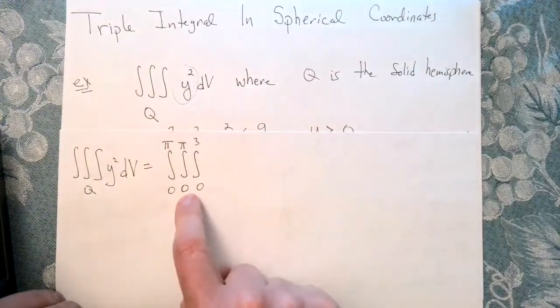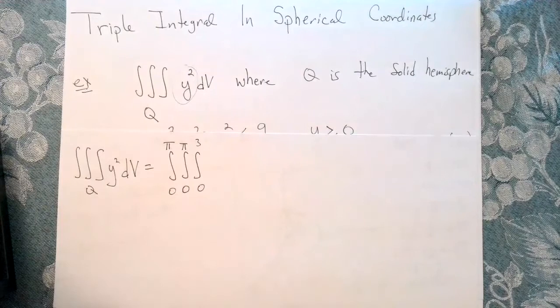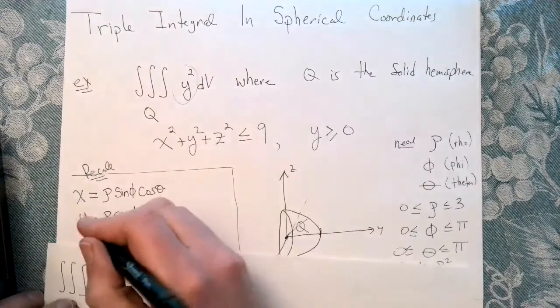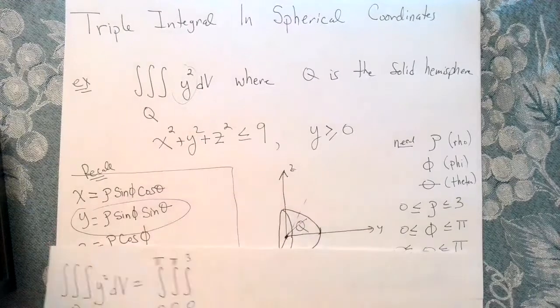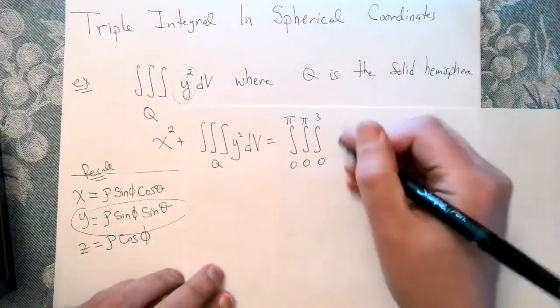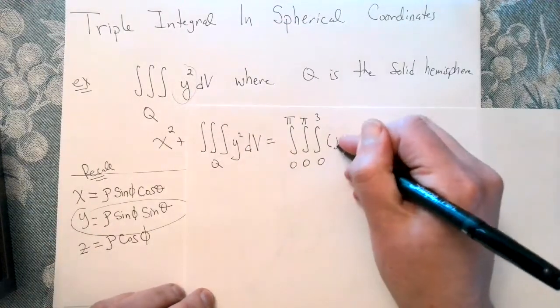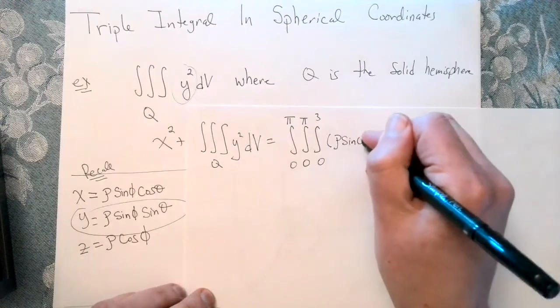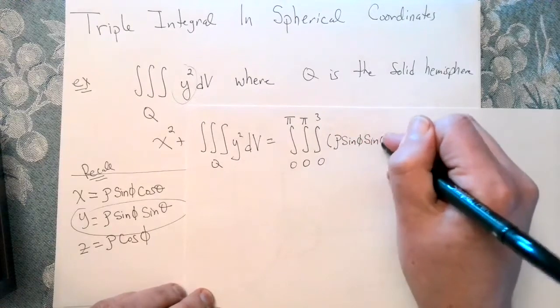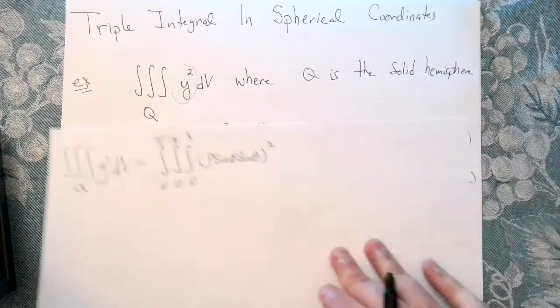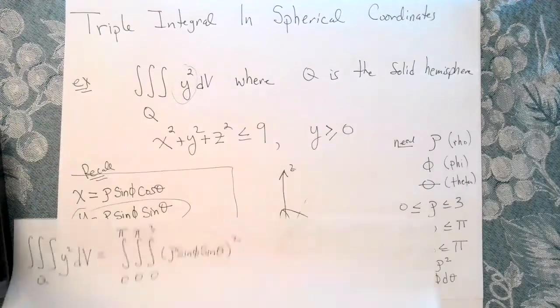Okay, rho, phi, theta. So I need y squared, right? So here's y squared. And then we need dV.